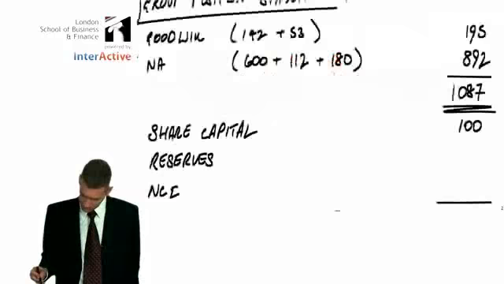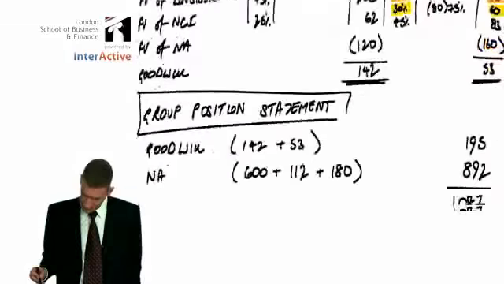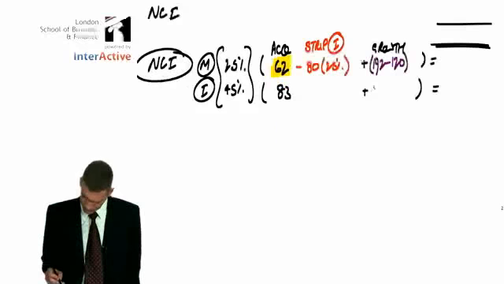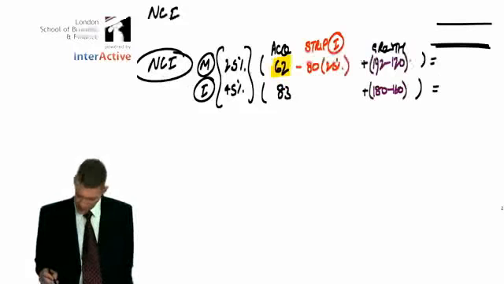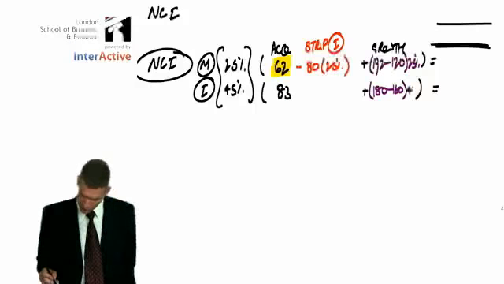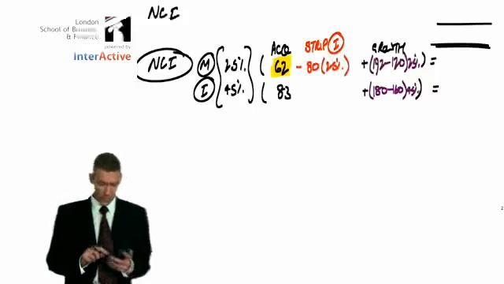And the other one, 180 minus 160. The ownership percentage in the first is 25%, and the ownership percentage in the other one is 45%.